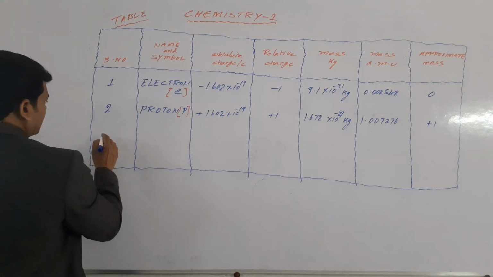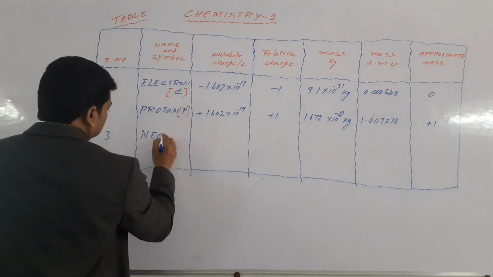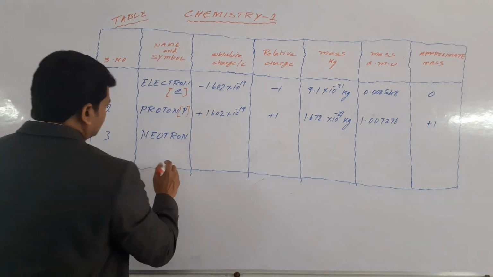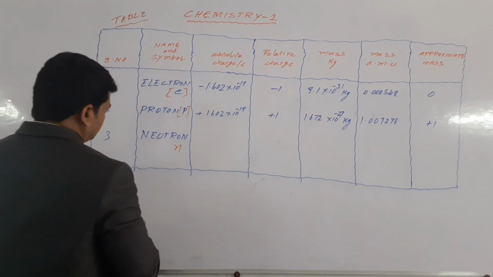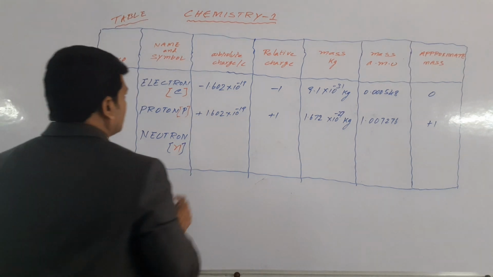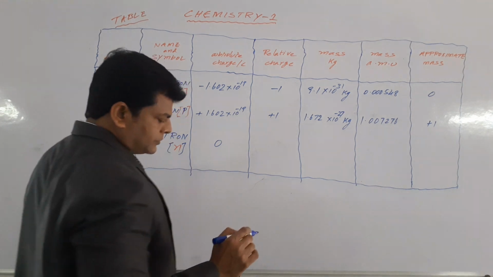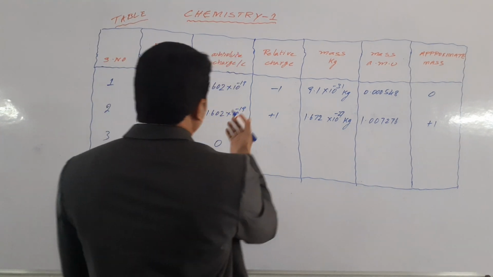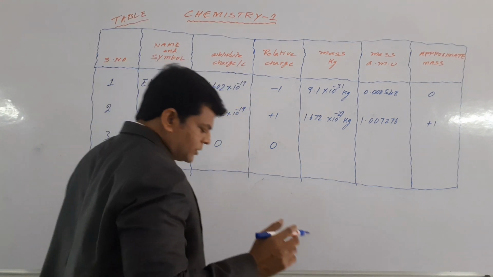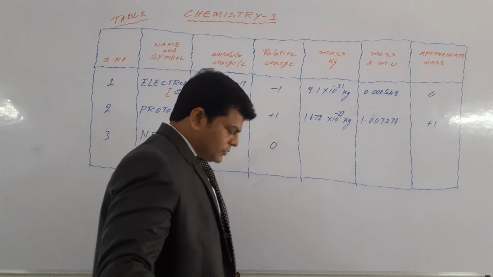Next, the third one is a neutron. Its symbol is N. Absolute charge of the neutron is 0. Relative charge is also 0 because it is a particle having no charge.